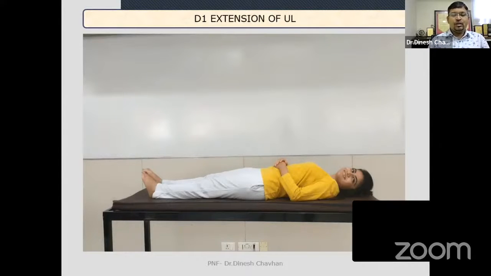We saw how the movement is performed from D1 flexion to D1 extension: shoulder abduction, extension and internal rotation, elbow extension, forearm pronation, wrist extension, finger extension.